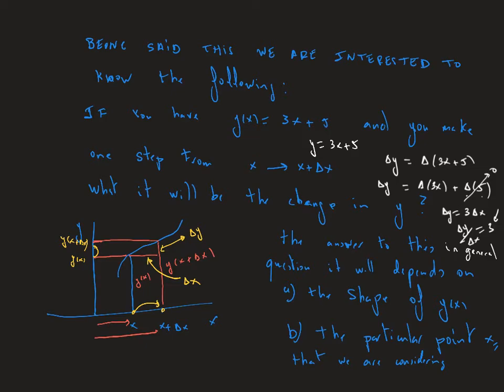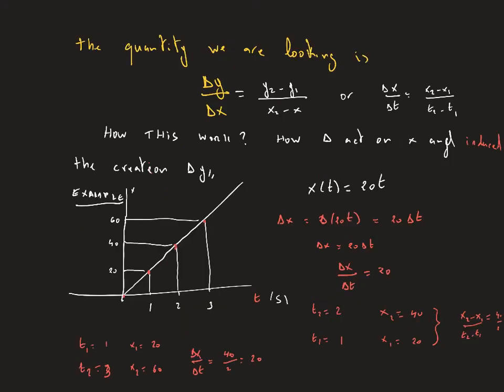So you have to realize that the values of delta y and delta x will depend on the shape of the curve that you have. The shape will decide how delta y and delta x are, but not only the change, the position where you are in the independent variable will decide how much delta y divided by delta x will be.